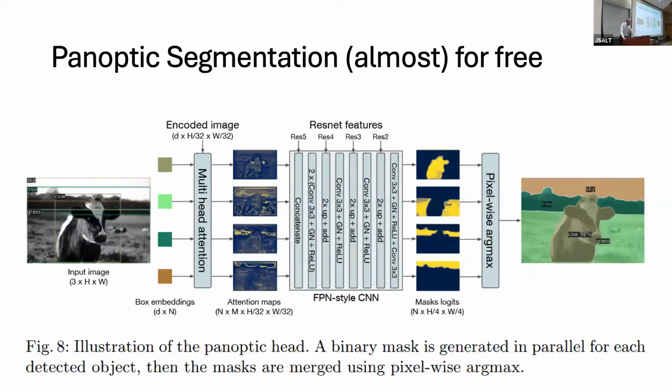So you just take your DETR and you provide it with your decoded objects and attention maps for these objects, and just run a simple FPN style CNN. FPN meaning feature pyramid network, which is a topic on its own.